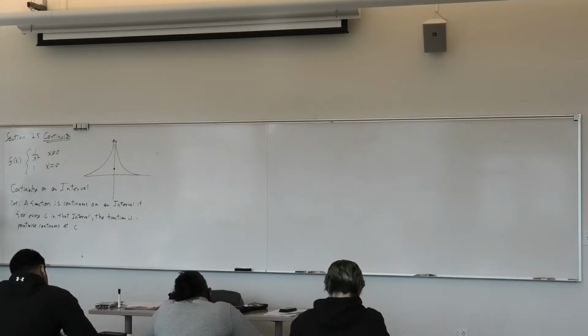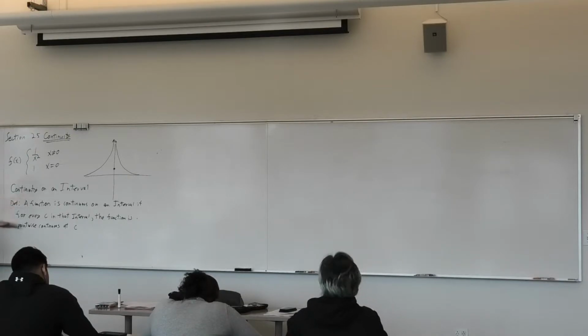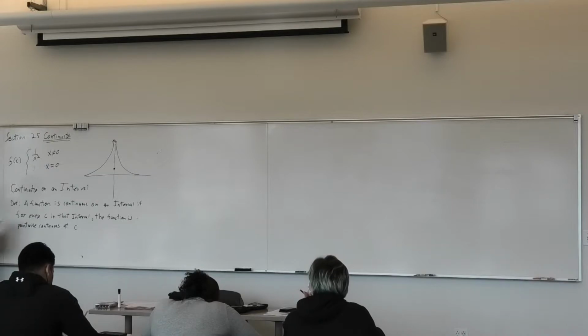So we know what continuity at a point is: the limit as we get to that point is equal to the function at that point. And it's continuous on an interval if every point on that interval is continuous by the first definition.